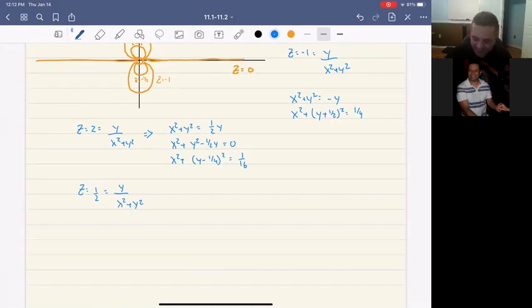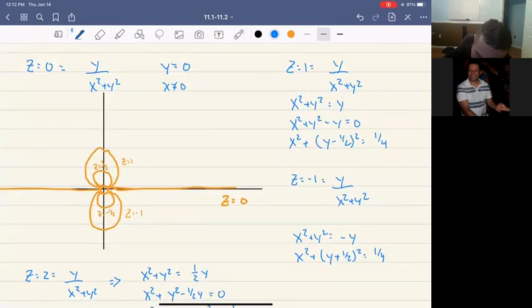So that's going to give us x squared plus y squared equals 2y. x squared plus y squared minus 2y equals 0. Completing the square, adding 1 to both sides. So z equals 1/2 is going to be a bigger circle out here.